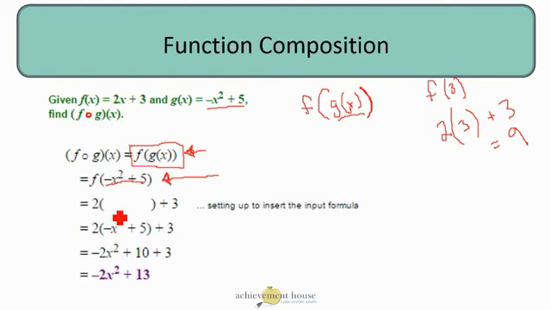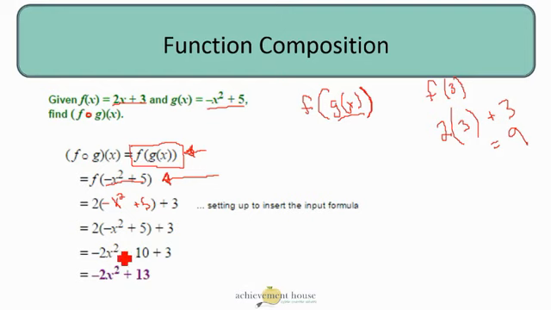So here's my f of x, 2 times x plus 3. So 2 times whatever my input is plus 3. My input now is negative x squared plus 5. So 2 times my input, negative x squared plus 5, all plus 3. And so now I multiply and combine like terms.